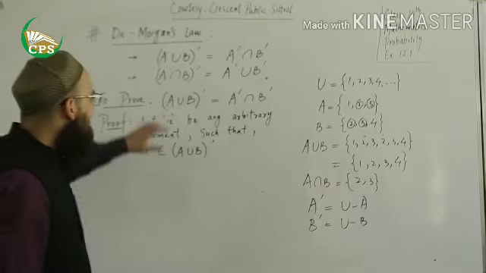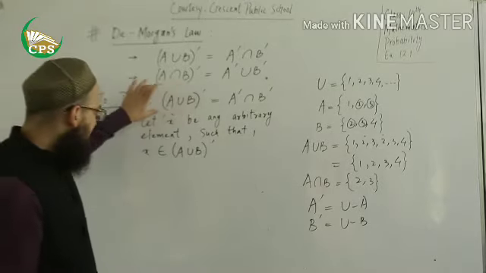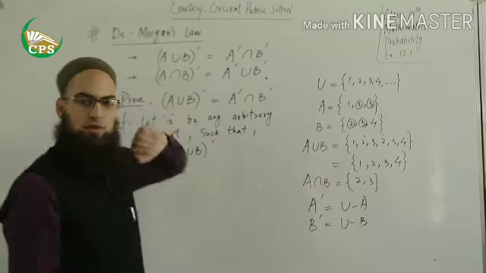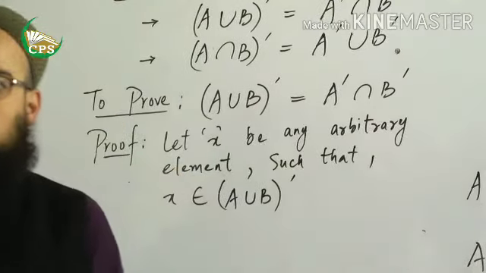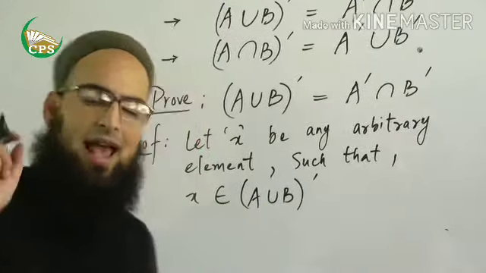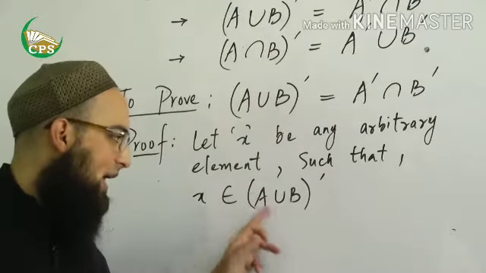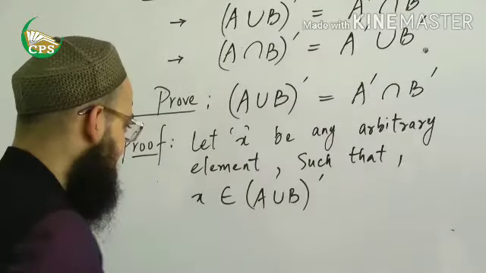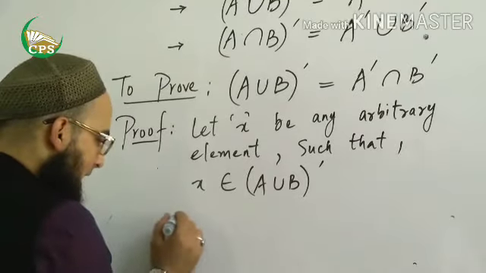That means, let us say some element X belongs here in (A union B) whole complement, because (A union B) whole complement is a set. So there are some elements in this set. Let us say X is one of the elements which belongs to (A union B) whole complement. Got it? Which implies that.